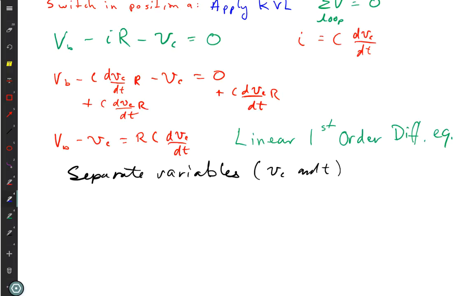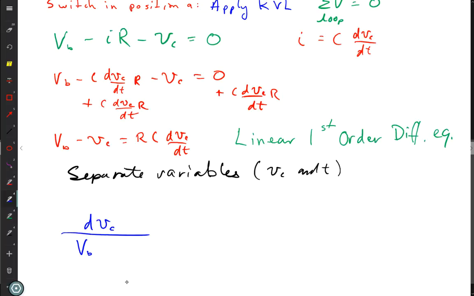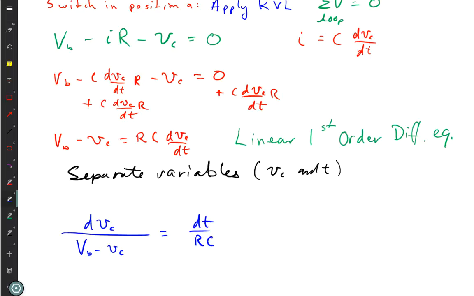Divide by RC, divide by VB minus VC, and multiply by dt. And what that's going to give me is dVC over VB minus VC is equal to dt over RC. Correct? Yeah. No sign errors. That's what I was looking for, was to make sure I didn't make a sign error.